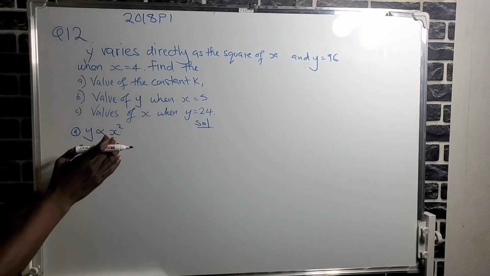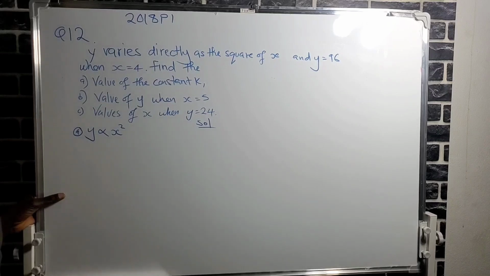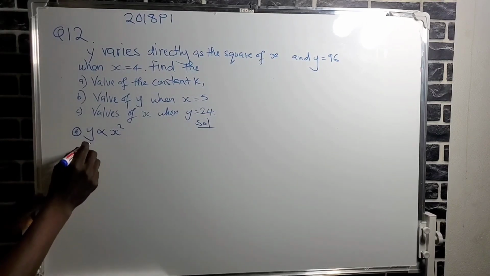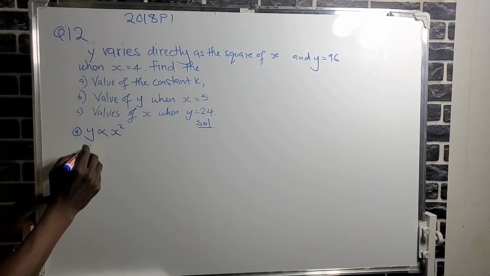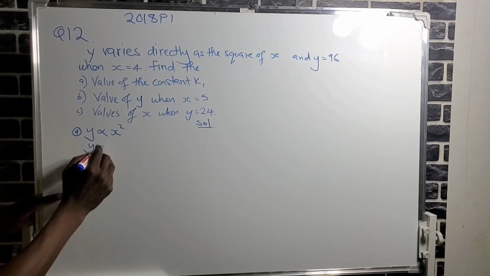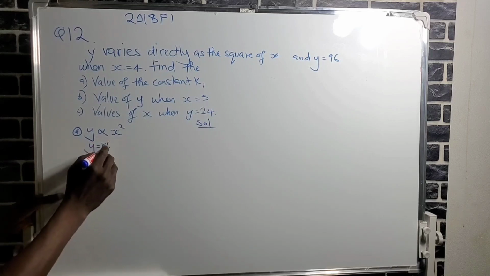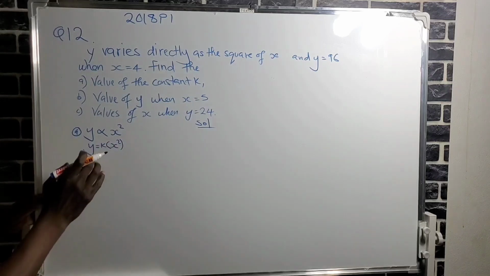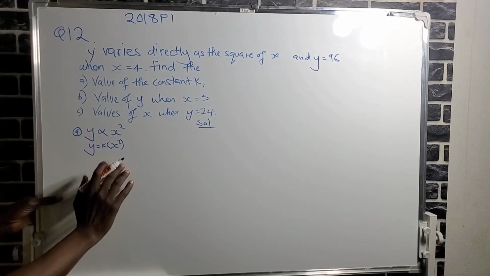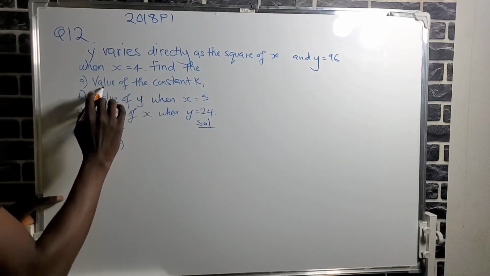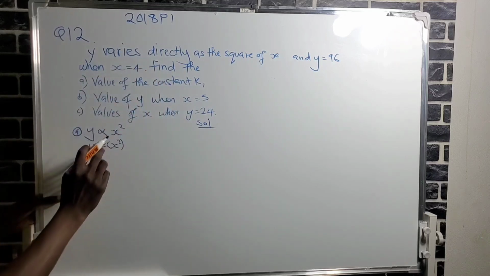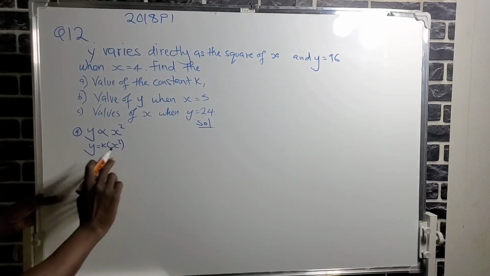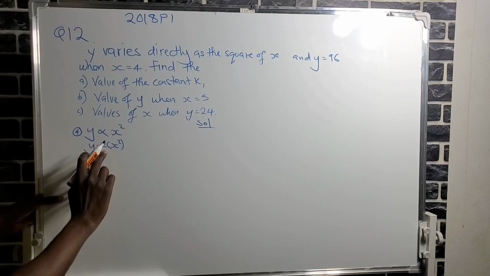So you need to introduce what is known as the constant. So y is equal to k, which is the constant, multiplied by the variable you find here, which is x squared. So this is an expression. If the question was asking us to come up with an expression for the variation, this is going to be the answer, where there is k.